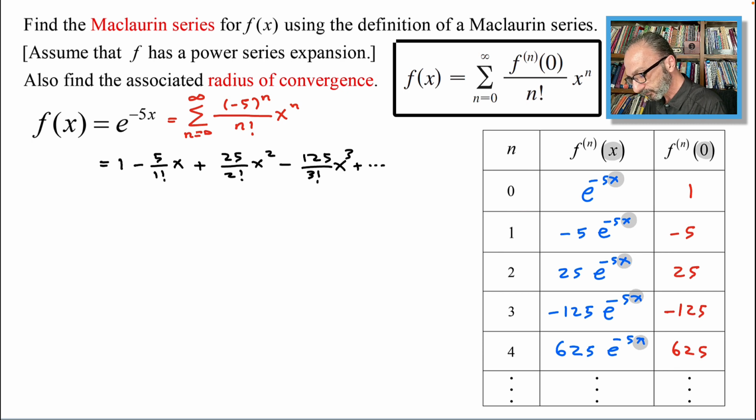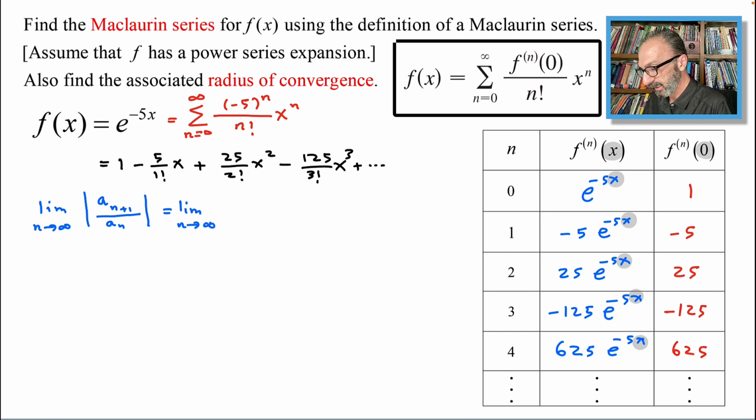So the limit as n approaches infinity of the absolute value of a sub n plus 1 over a sub n will equal the limit as n approaches infinity of the following. A sub n plus 1 is, when you write it down, instead of n, you plug in n plus 1.